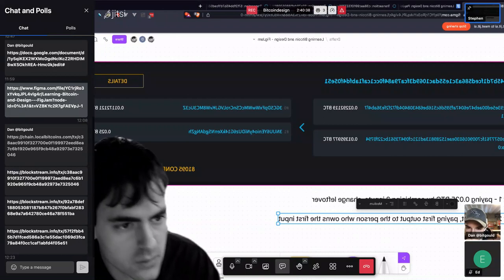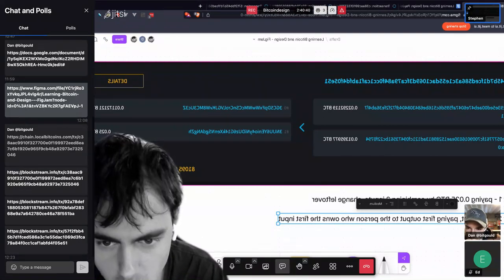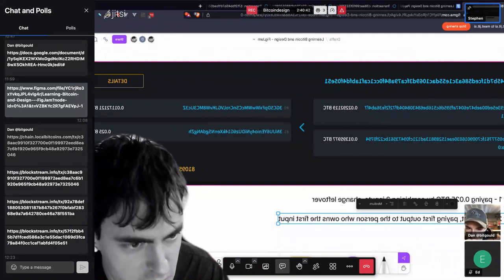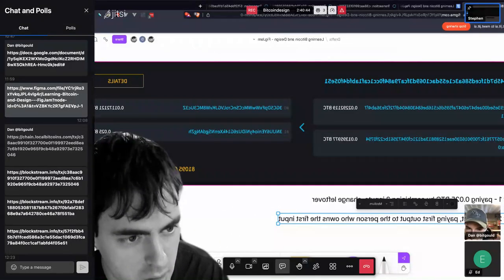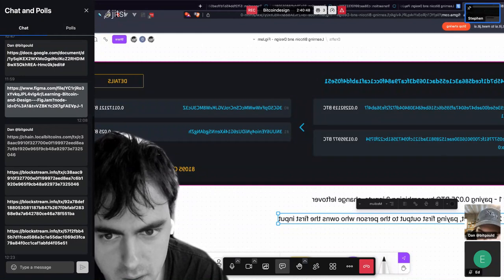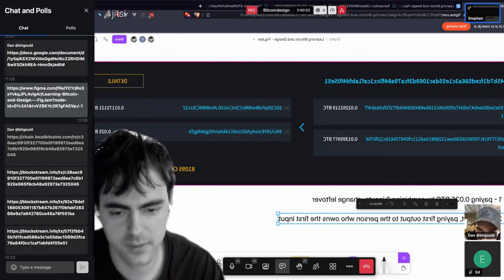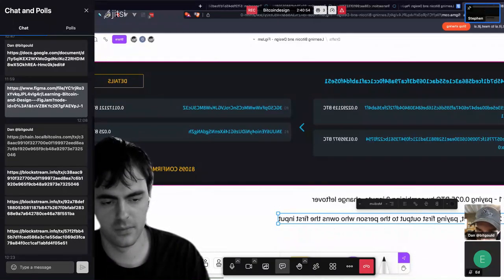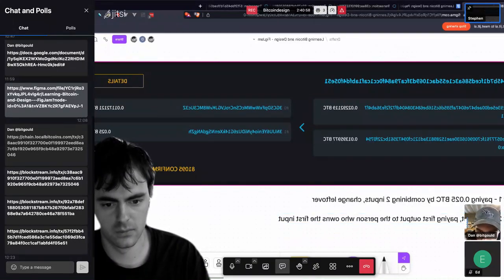Well, let's do the math real quick. It's 0.013, so that would be enough to pay a 0.01 output. But we don't end up with a 200,000 Satoshi change, so I'm not sure that interpretation is actually right. I think this has the first interpretation.